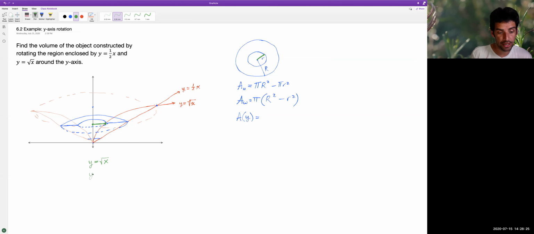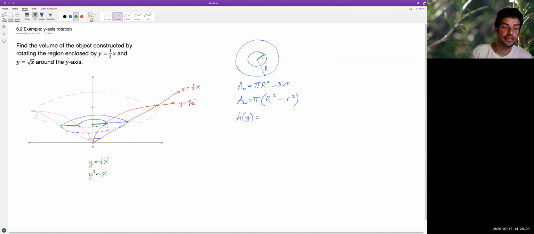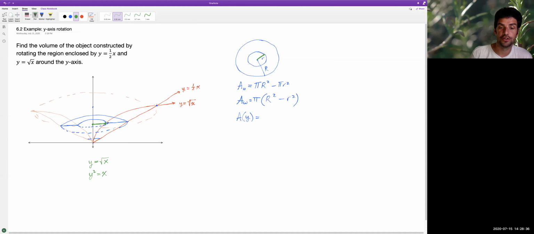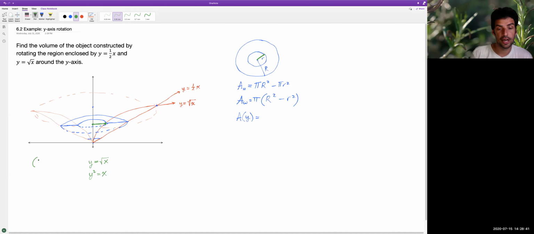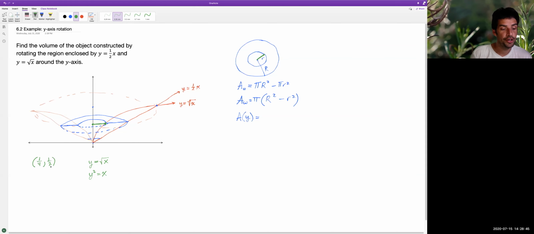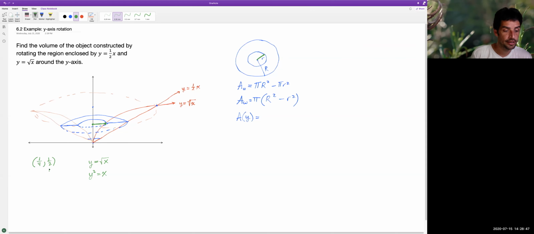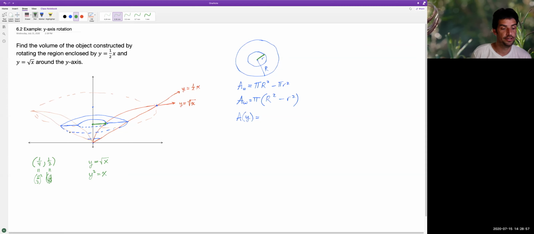But at that point, the x-coordinate is y squared, right? So for instance, let's think of one point on the curve y equals the square root of x. Maybe something like the point where, if x was 1/4, y would be 1/2. Notice that y, this 1/2, is such that x is equal to 1/2 squared, okay?